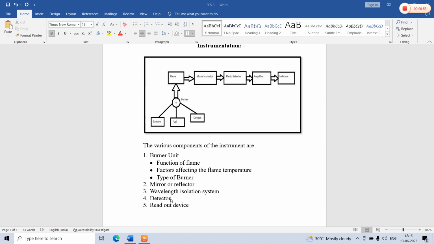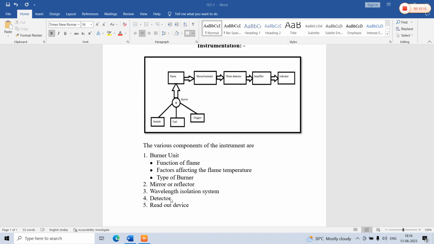The detector absorbs radiation of a particular wavelength so that we get the proper signal. The detector employed in flame emission spectroscopy is the photomultiplier tube, that is PMT.